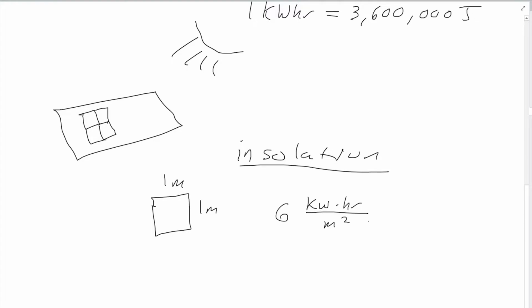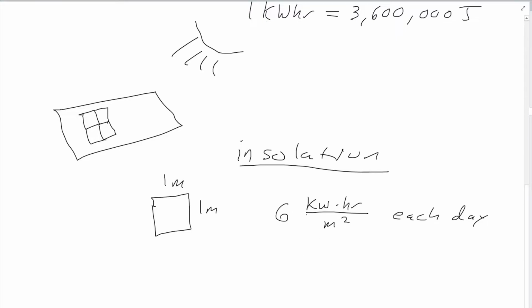That's the amount of energy each day. And what this says is if I had a single square that was 1 meter by 1 meter, and I let it sit on this roof for the whole 8-hour day, it would gather up 6 kilowatt hours.